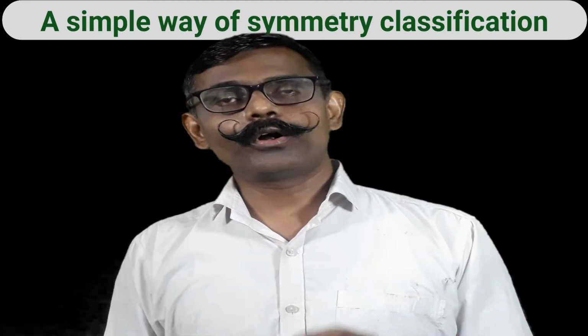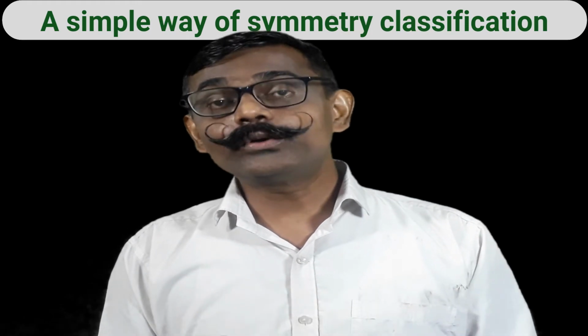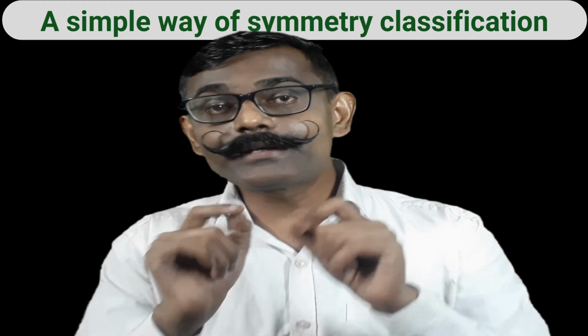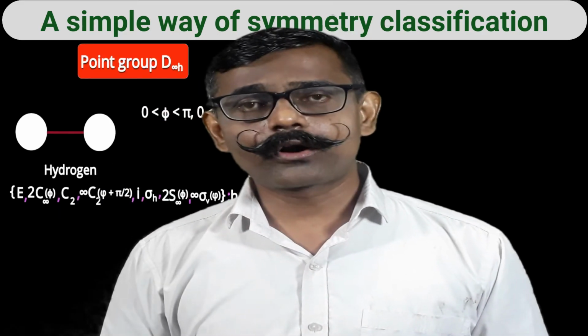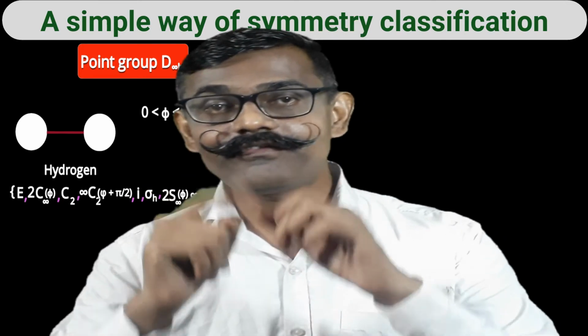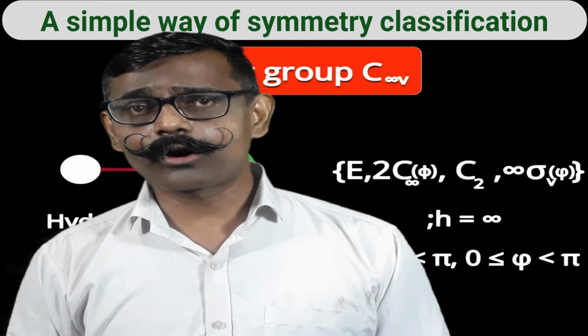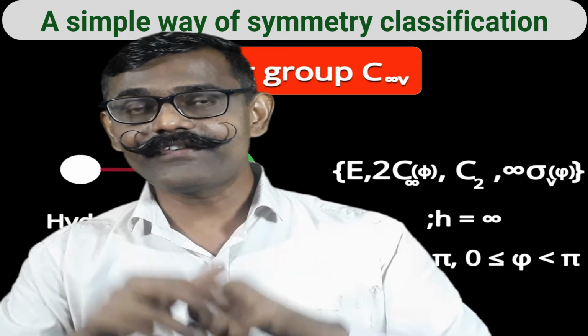Now the second step: followed by this letter C or capital D, we need to write the order of the principal axis as a suffix. For the first molecule, hydrogen, order of principal axis infinity, so I need to write D infinity. HCl molecule, order of principal axis infinity, so what is present there? C infinity.